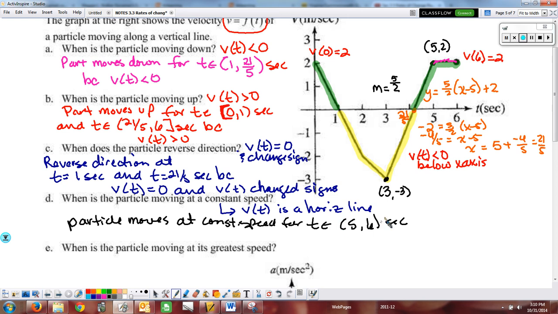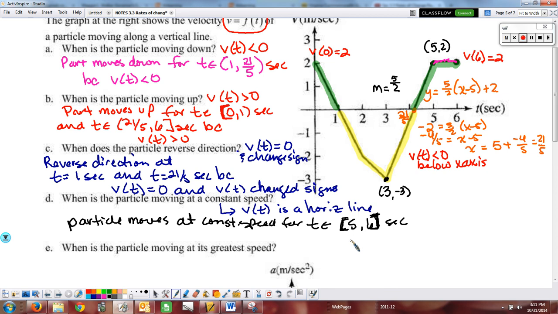I initially put these parentheses, but then let's think about it. What speed are you moving at 5? You're moving at, sorry, 2 inches per second. What speed are you moving at 6? 2 inches per second. What speed are you moving anywhere in between? 2 inches per second. So I am going to go back and include these because all of these times have exactly the same velocity, which happens to be 2 inches per second.